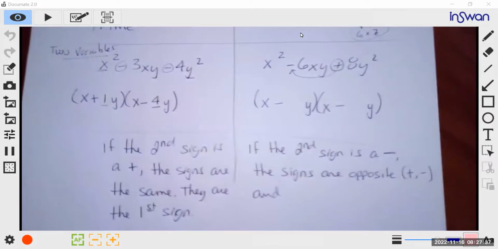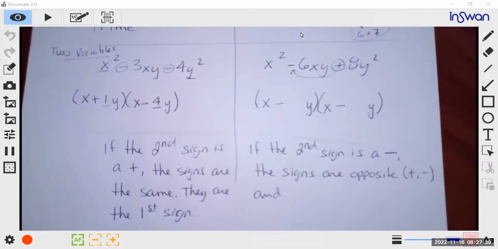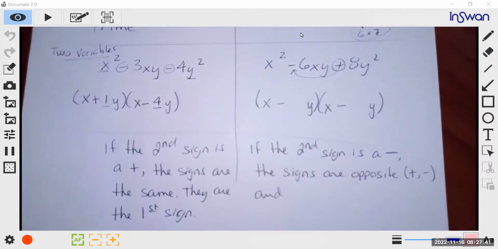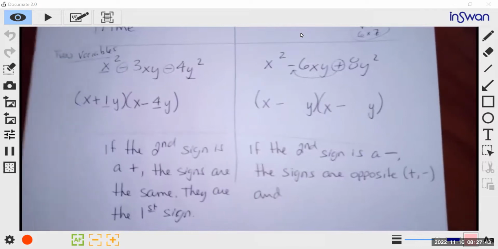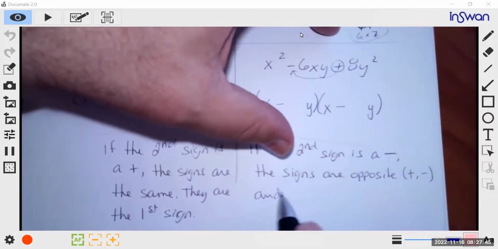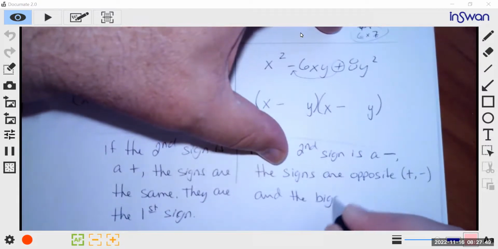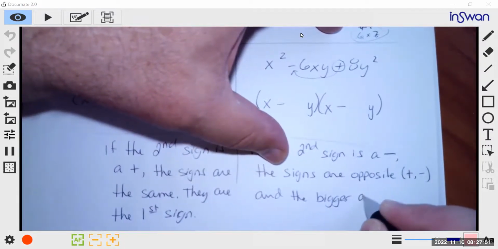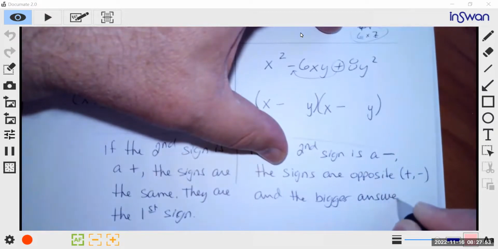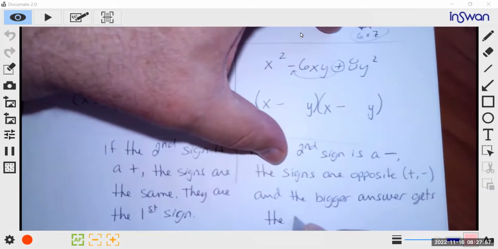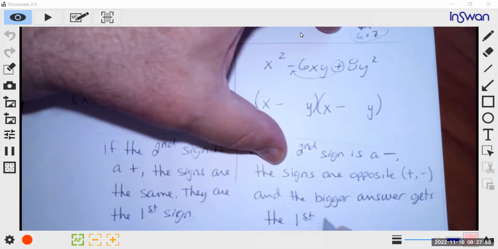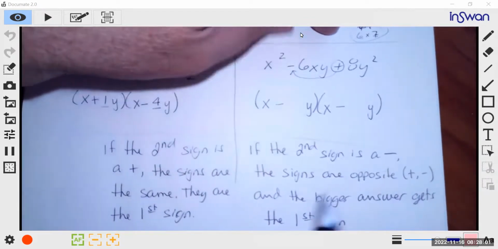It doesn't matter how you put it, because of commutativity, it doesn't matter. I just like to put positive first for some reason. The signs are opposite, and the bigger answer gets the first sign.